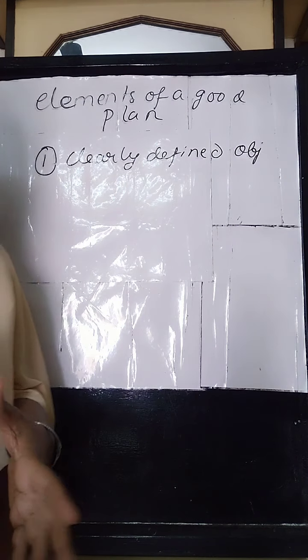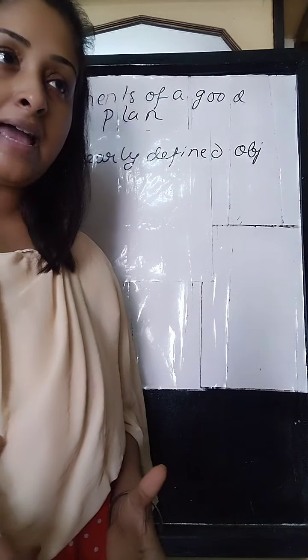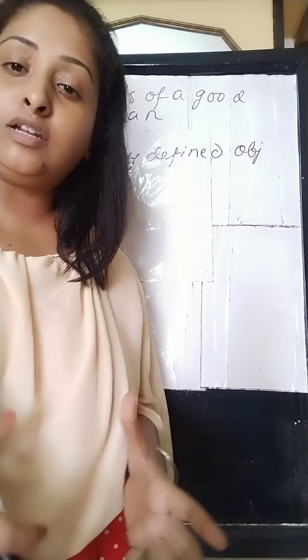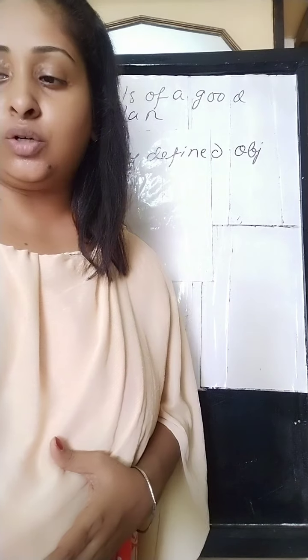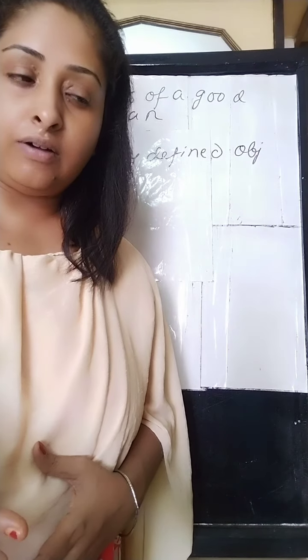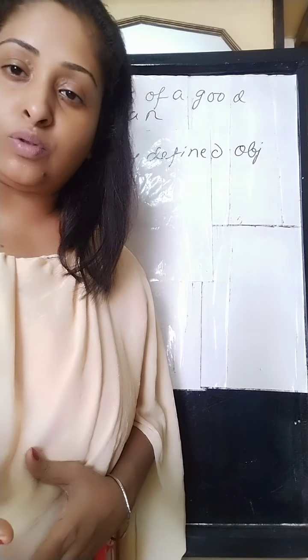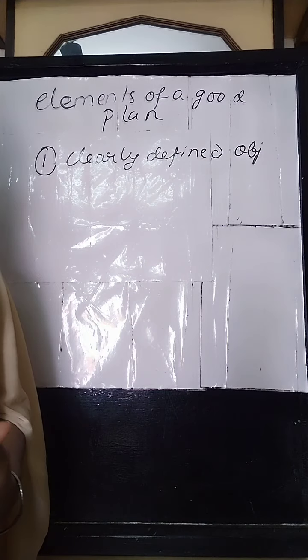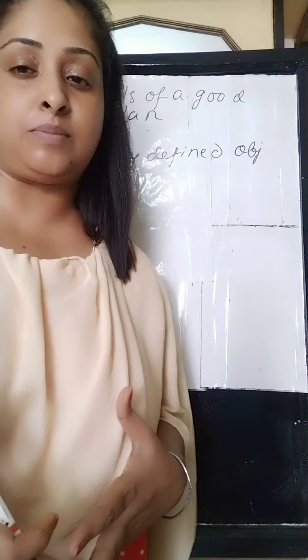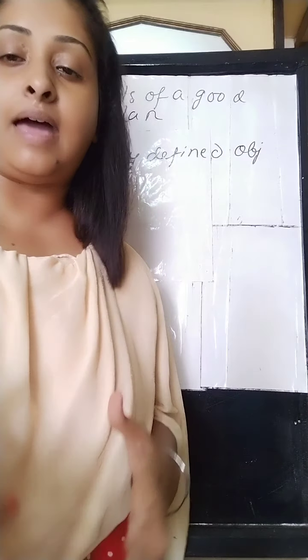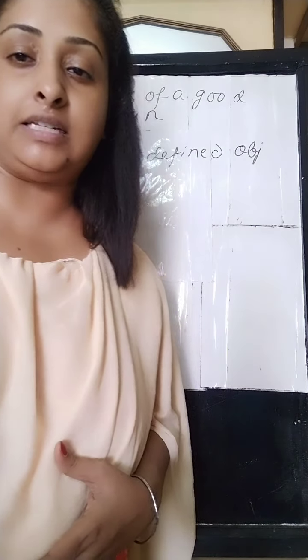These objectives should be clear, concise, precise and concrete. A plan should be comprehensive for attainment of the goals, and also a plan should be such that satisfactory fulfillment of the objectives is possible. So it should be unambiguous, it should be clearly defined.